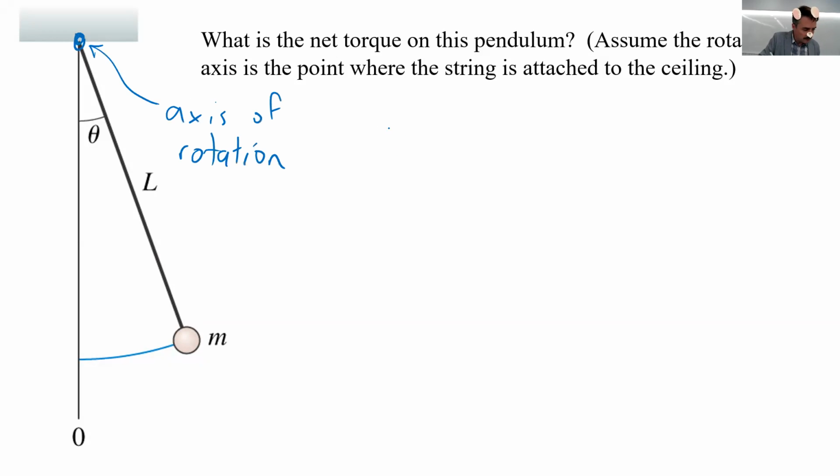And so we can give a force diagram here: here's an object, here's the T, the tension of the string on the mass, and here's the force of gravity of the Earth on the mass, which is mg.